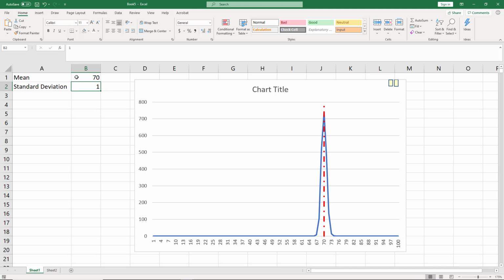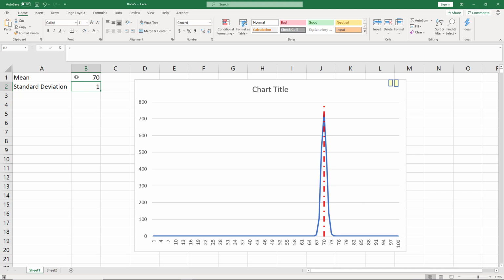Instead, it is a distribution description suggesting that around 68% of the data is within 1 point of the mean. So in this case, it means that roughly 68% of the data should be between a 69 and a 71. And if that standard deviation changes, then it means that the data is more distributed.